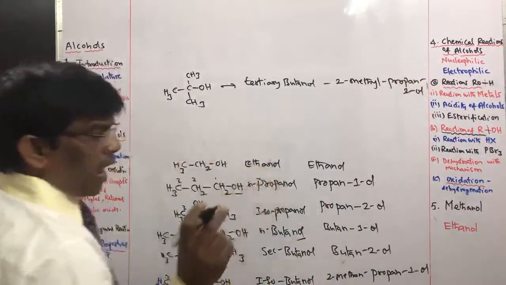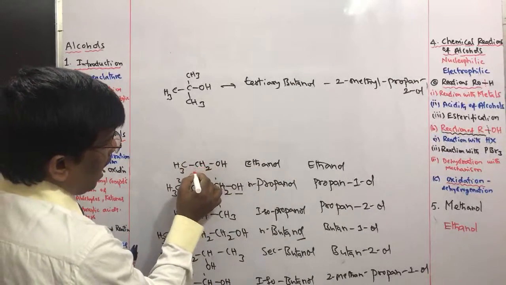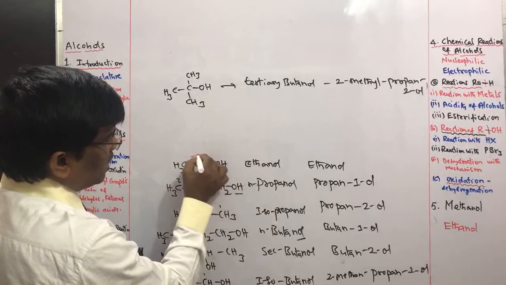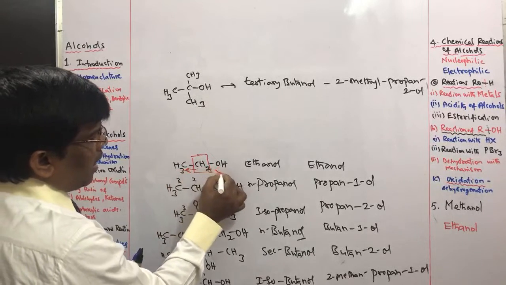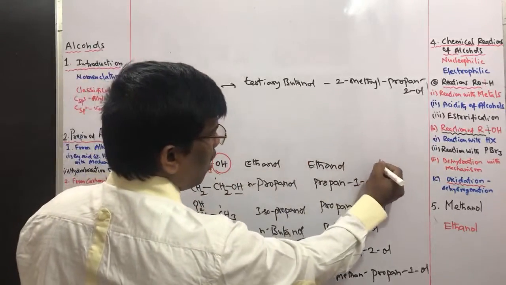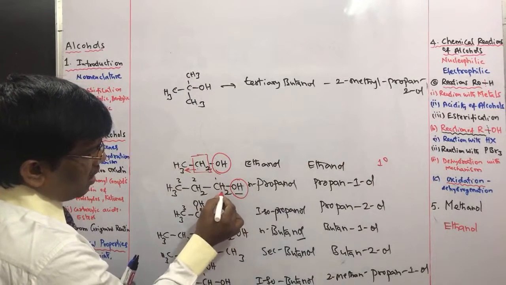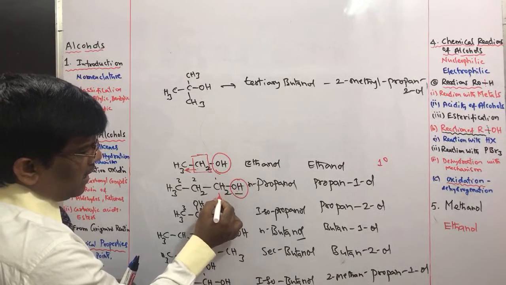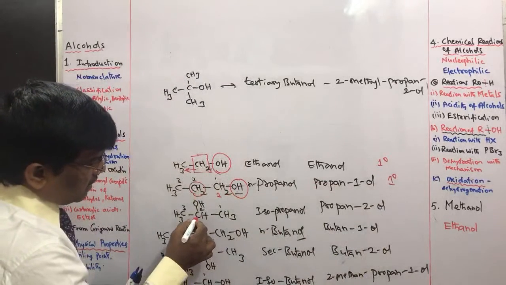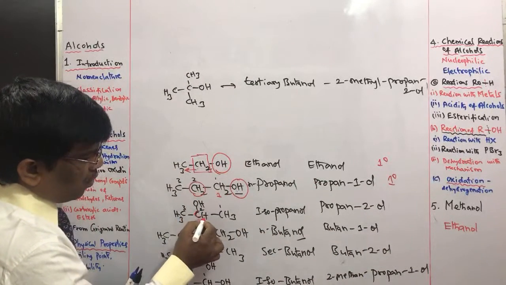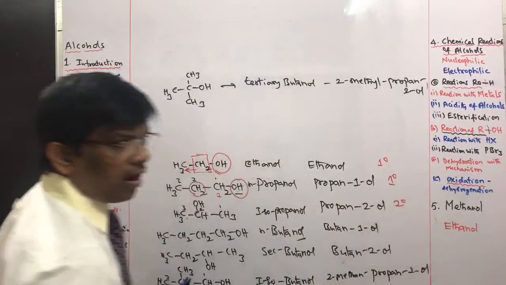And when it comes to primary and secondary alcohols, the alcohol attached to a carbon having two hydrogens, attached to only one carbon, the hydroxy group is a primary alcohol. It is primary because the adjacent or alpha carbon attached to the alcohol is attached to only one carbon. This is also a primary alcohol. And this carbon is attached to this side and this side, so now it is a secondary alcohol.